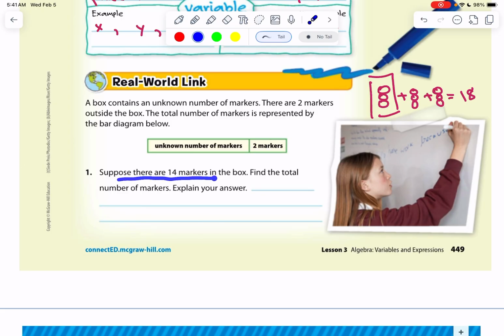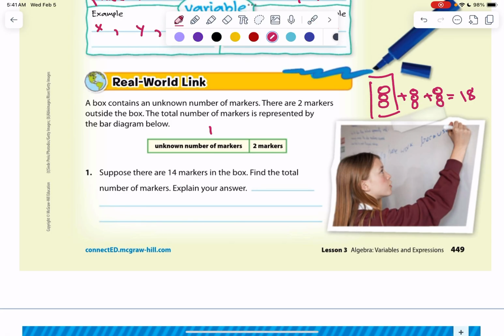So suppose there are 14 markers in the box. Oh, so if we know how many markers are in the box, then we can find the total number of markers. So, wait, I need to switch to a pen here. If we know there are 14 in the box, then that's just a matter of adding 14 plus the 2 outside the box.